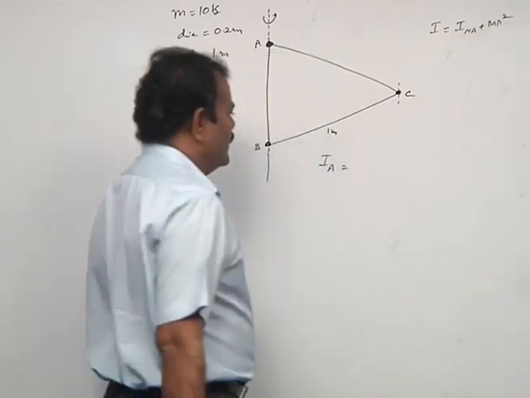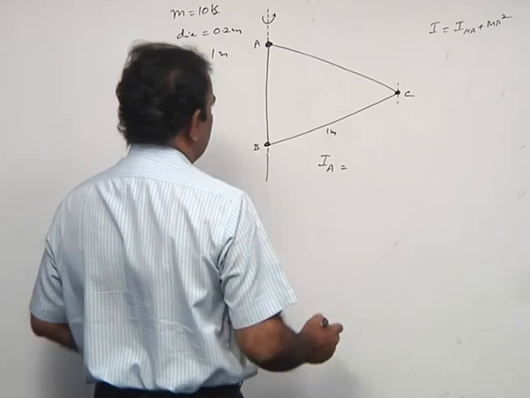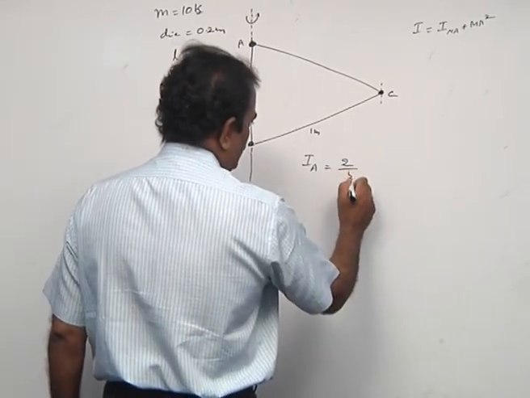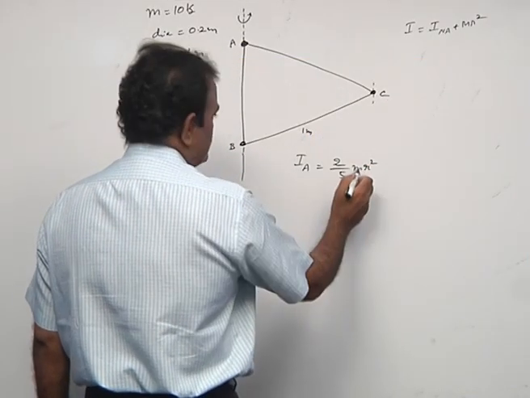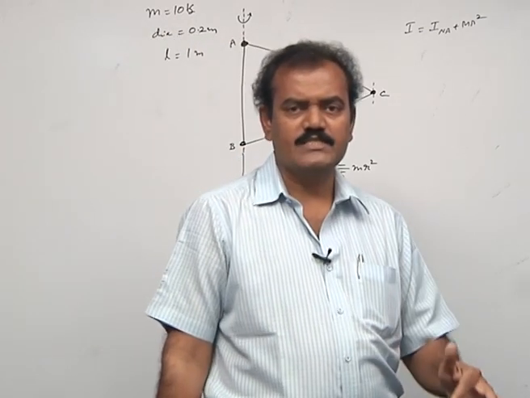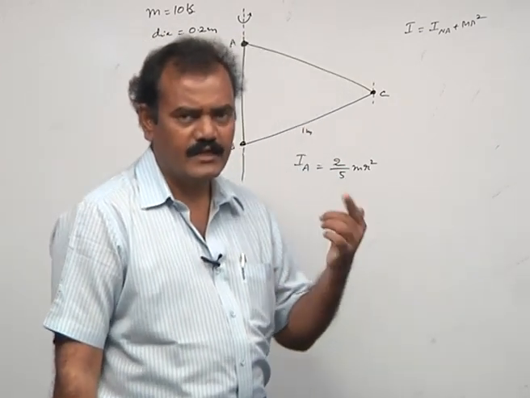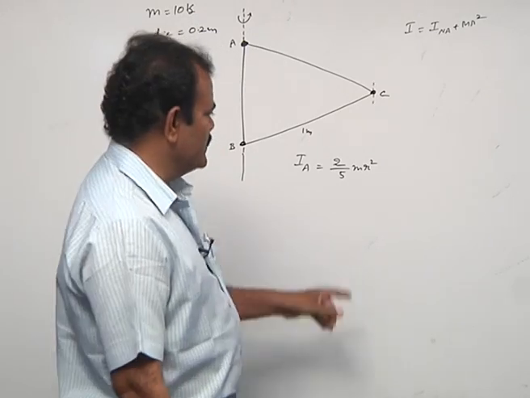According to that, IA is equal to I_NA. I_NA means 2 by 5 MR square. You remember this one. This is the moment of inertia of the solid sphere about its diameter, which is nothing but its natural axis also.